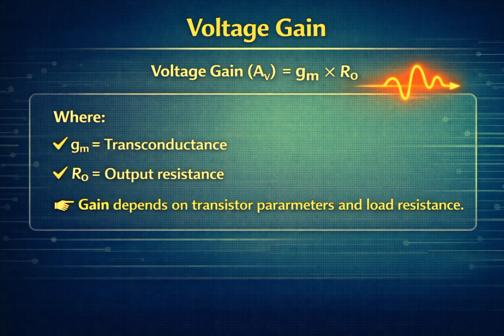It represents how effectively the transistor converts input voltage into output current. What is ro? It is the output resistance of the transistor and load. So higher gm and higher ro means higher gain. However, since this is only one stage, gain is moderate compared to multi-stage op-amps.